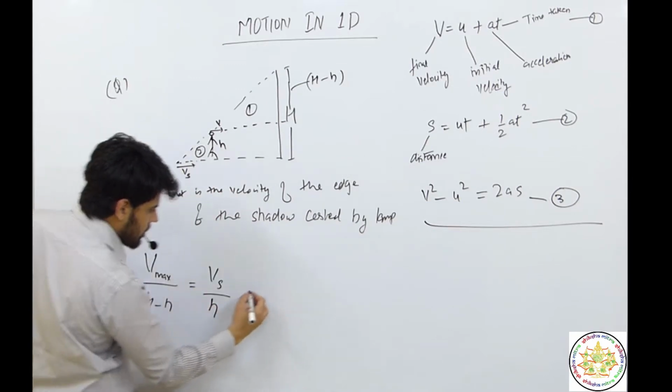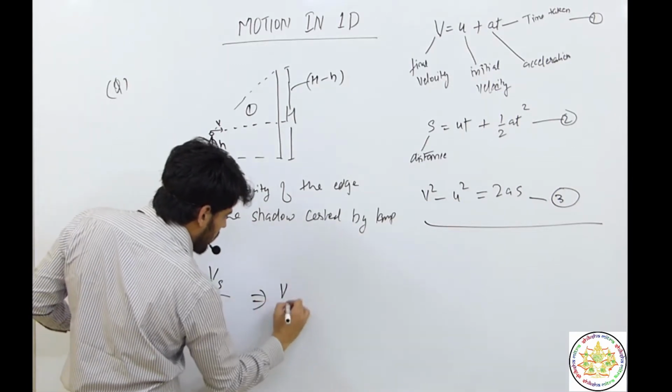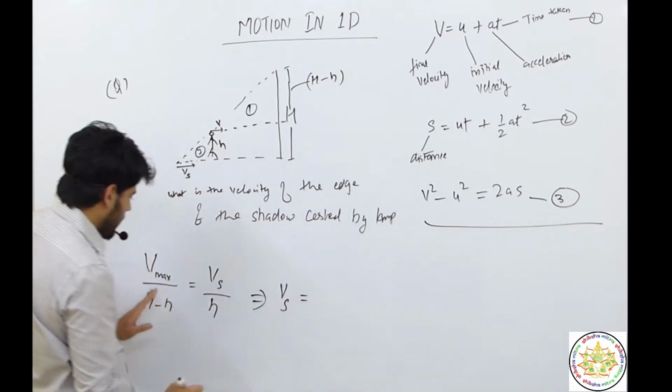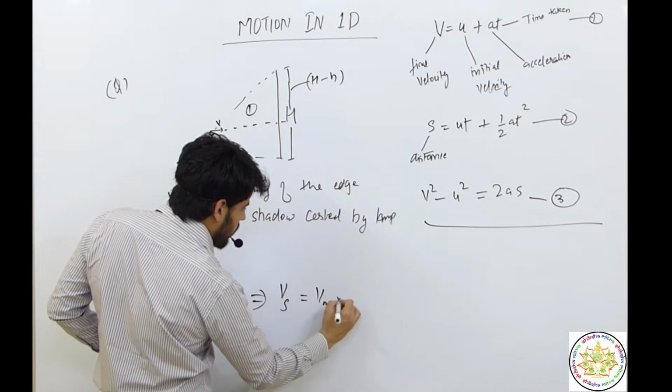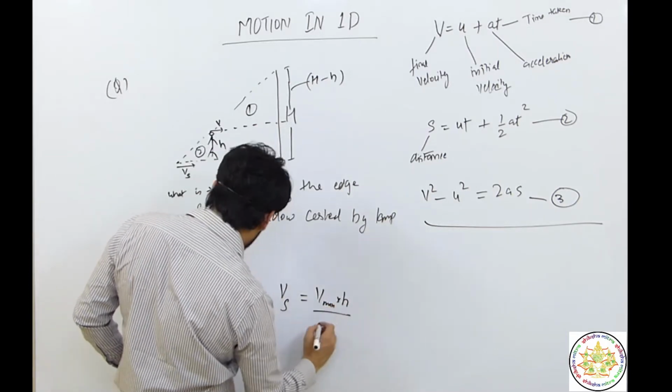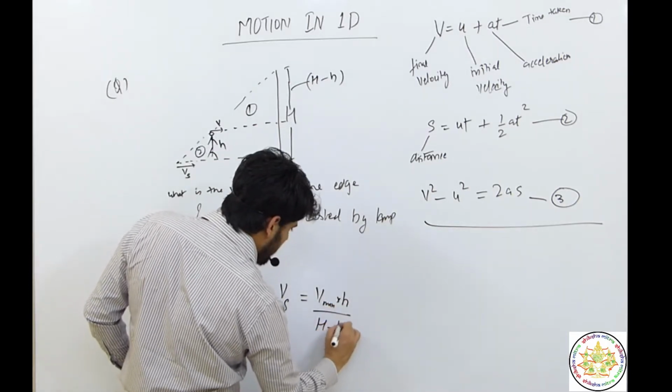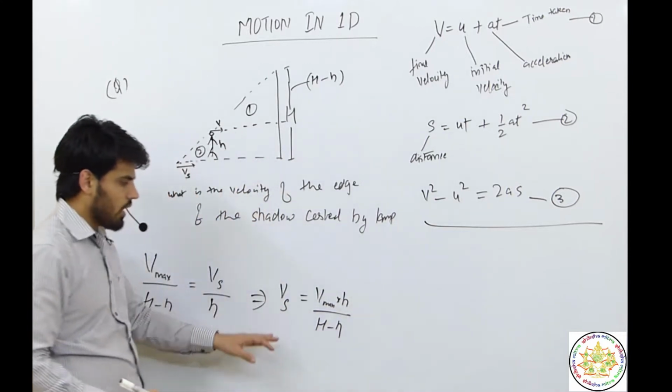So the velocity of shadow will be equal to velocity of man into h divided by H minus h. This is the answer.